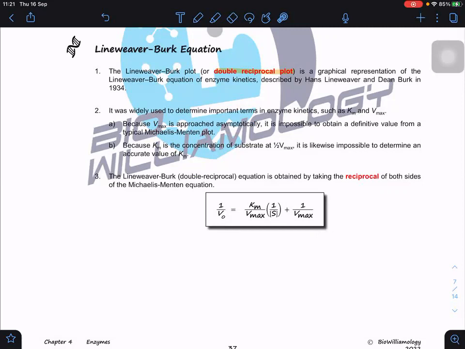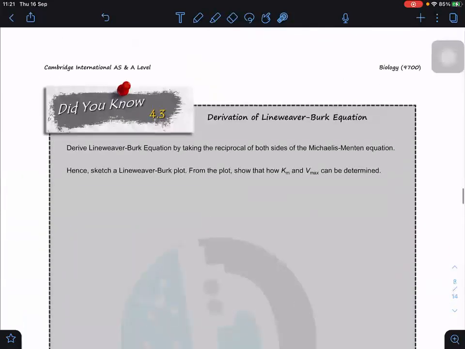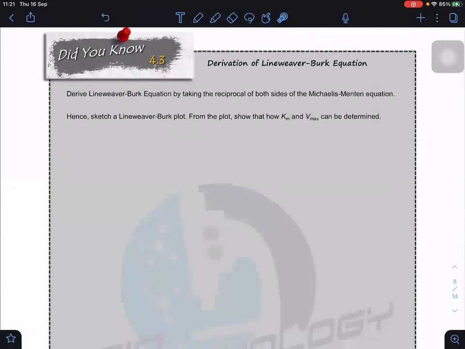So the question here is, do I need to remember this equation? No, no need to remember these equations. I have done the derivation of the Lineweaver-Burk equation, so you can copy it in here, or you can take a snapshot and then paste it.